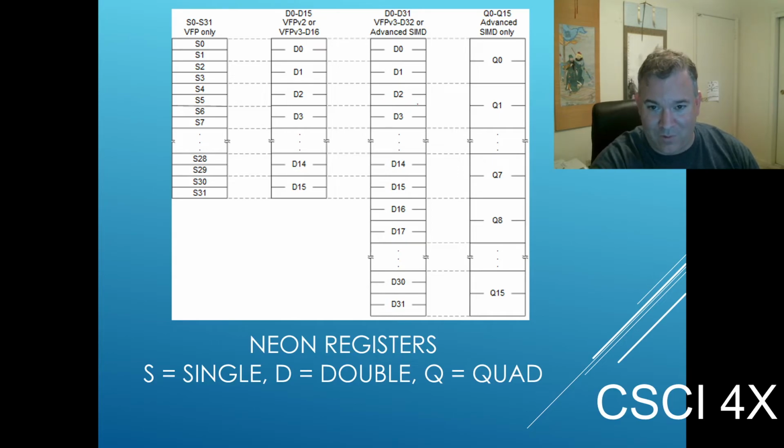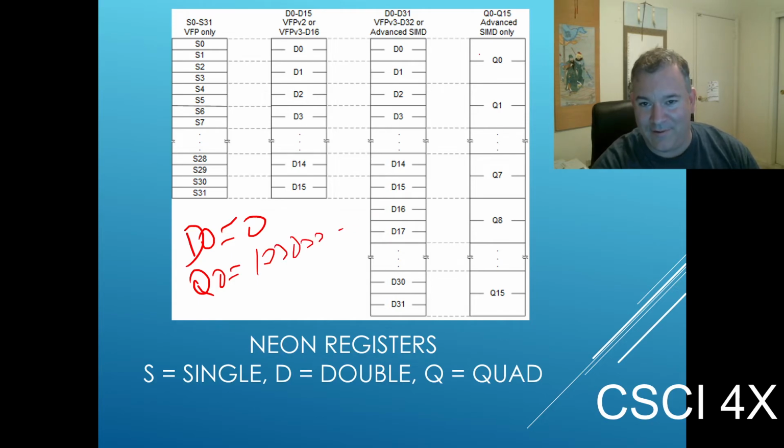So let's say that you set D0 to be 0, and then you set quad 0 to be 100 million, whatever. What actually happens is that quad 0 and D0 are actually the same register. So if you write to register D0, that's going to write to the upper half of Q0. And if you write to D1, that's going to write to the lower half of Q0.